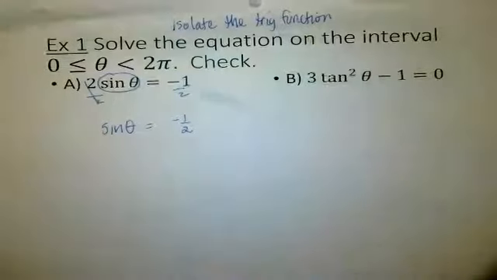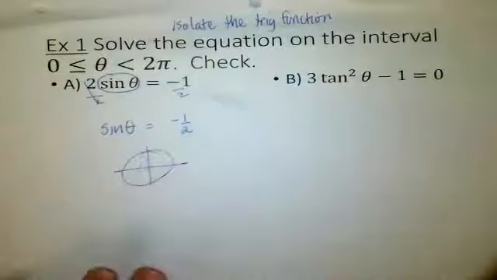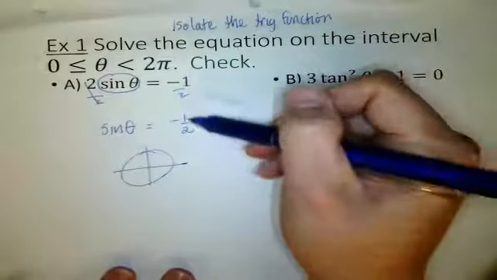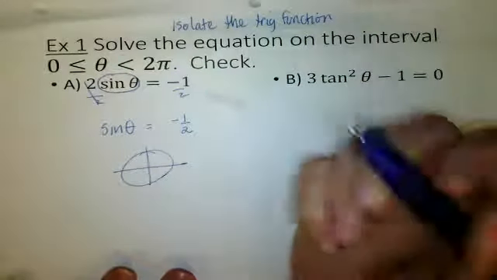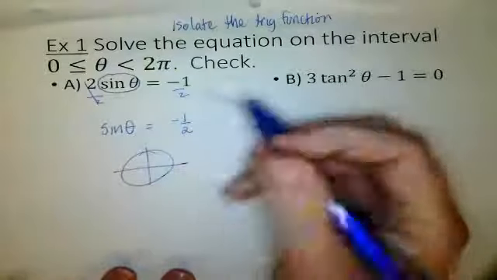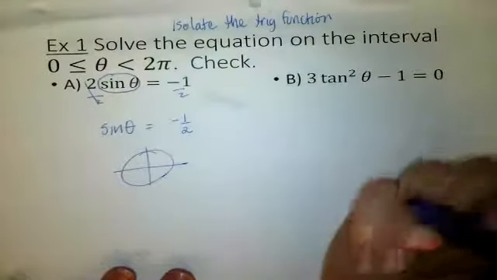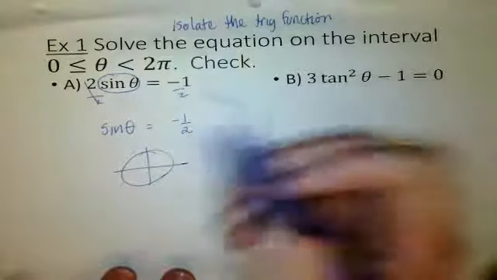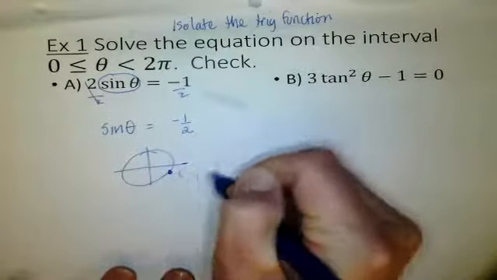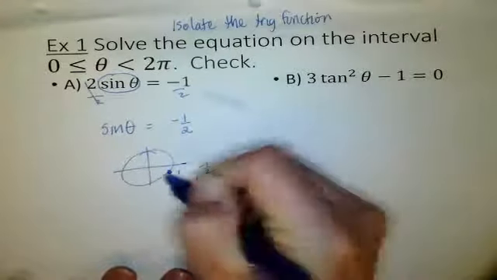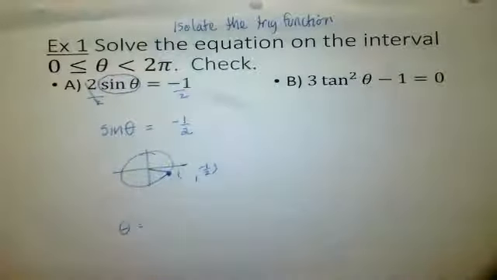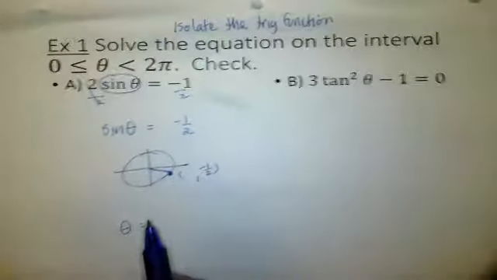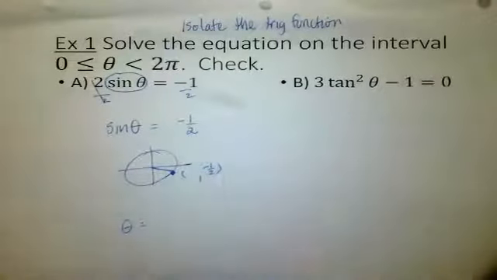The sine is isolated, the trig function is isolated, and this is where I go to my unit circle and think to myself, where does sine have a value of -1/2? Wait, hold on. Is it negative? No, wait, it's 11 pi over 6. Yeah, there's an answer, right here. That's one answer. Where's the other one that has a sine value of -1/2?